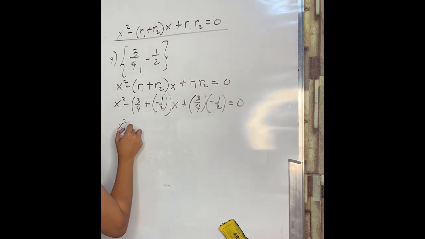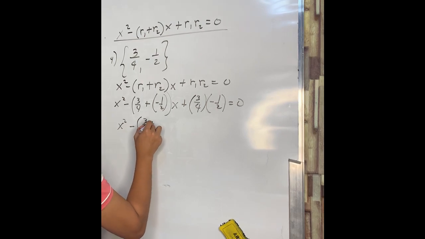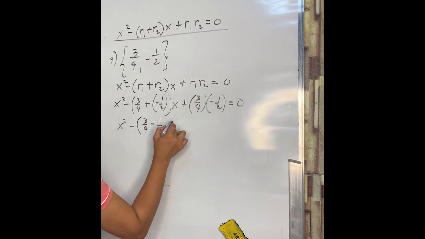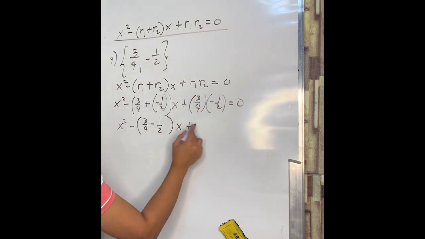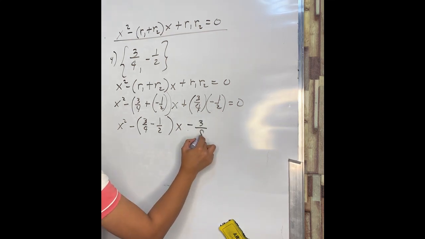X squared, simplifying, 3/4 plus negative 1/2, or just simply 3/4 minus 1/2, x plus 3 times negative 1 is negative 3 over 8. 4 times 2 is equal to 8.